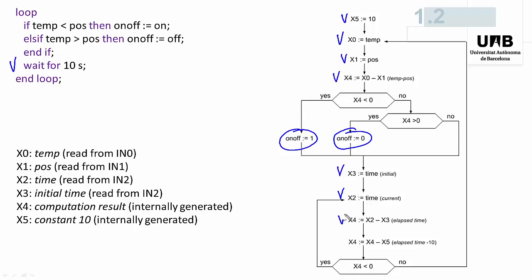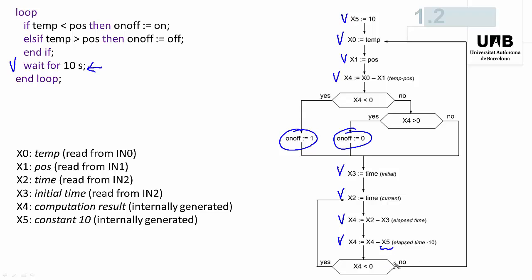We compute the difference between both times. This is the elapsed time from the beginning of the execution of this instruction. After that, we compare this value with the constant value 10 stored in memory element x5.